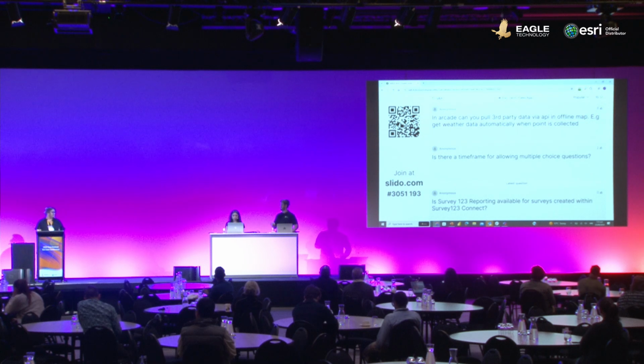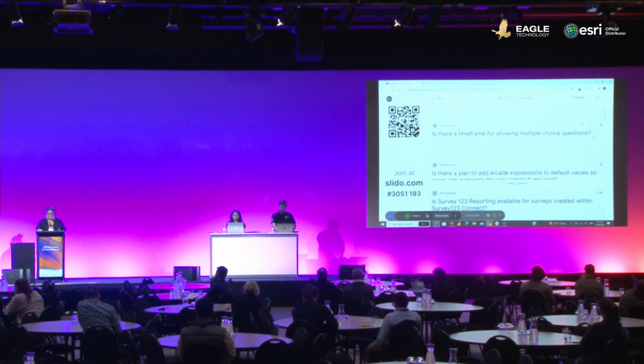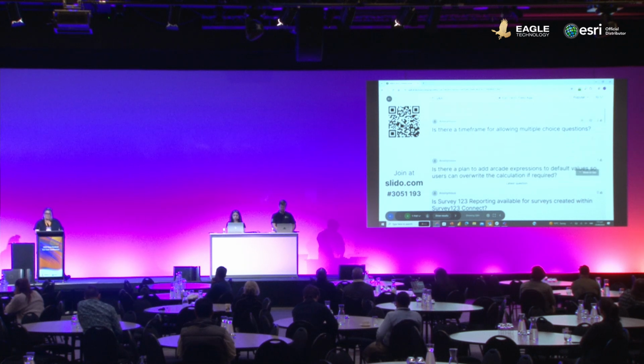So it's not just a field app capability, it's more of a broader ArcGIS question, I'd say. Definitely. So come up and have a chat afterwards, and we can get those finer details in that answer for you.